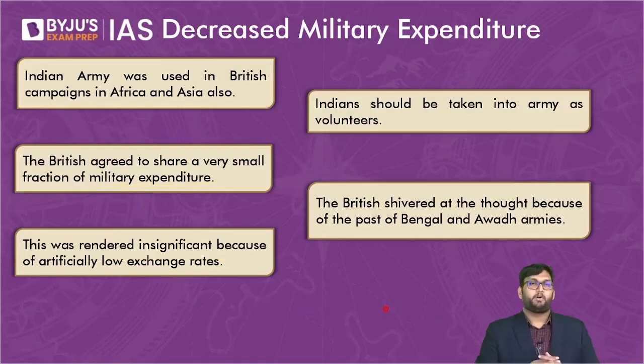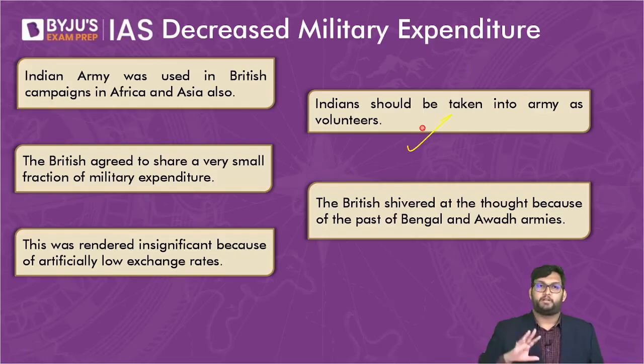Thereafter, they also wanted to decrease the military expenditure, wherein Indian Army was used in the British. Indian Army was being used in Africa and Asia. So can use them there, but not too far away. Indians should be taken into the army as volunteers, not as full-time soldiers. The British agreed to share a small fraction of the military expenditure.